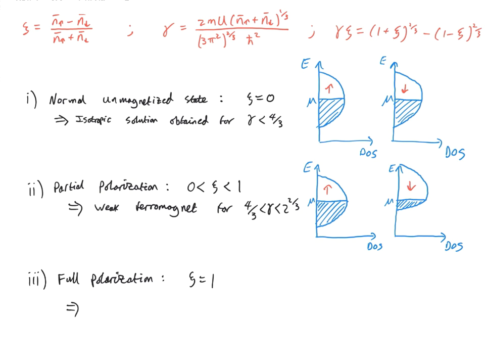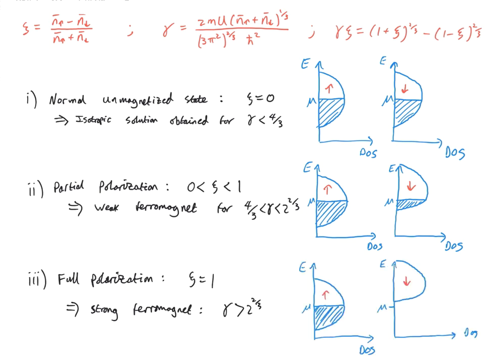This is a strong ferromagnet, which is obtained for strong interactions, gamma greater than 2 to the 2/3. And the density of states picture then looks like this, where now the entire down electron band has been pushed above the Fermi energy and therefore is totally unoccupied. It's only the upspin band that becomes partially occupied, and so we have a full polarization.